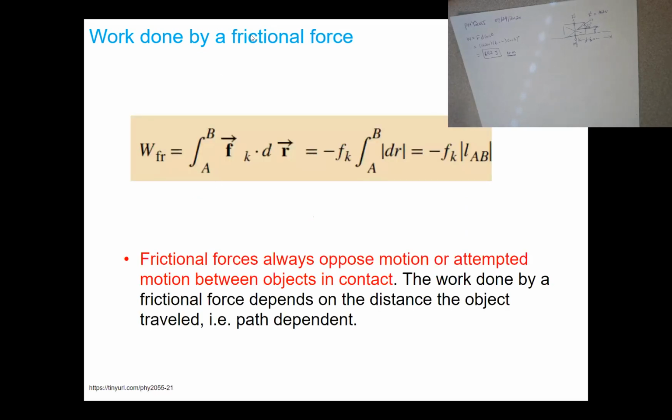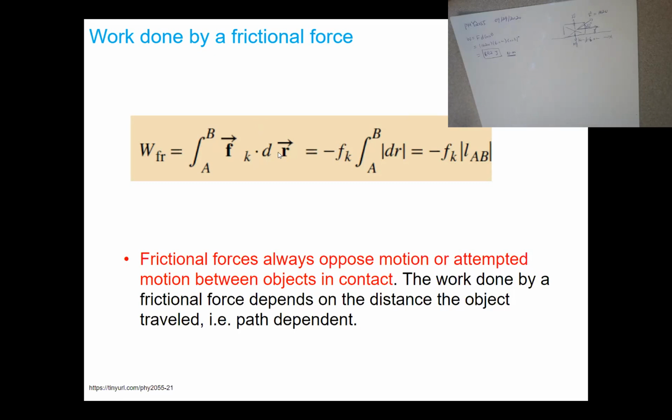Another force would be the frictional force. Because of the nature of the frictional force, it is always opposite to the motion or attempted motion between the objects in contact. So if you have an object moving along the surface, the friction force is opposite to the displacement. So this guy and this guy would be opposite to each other.